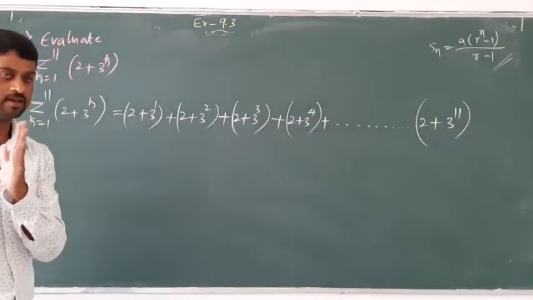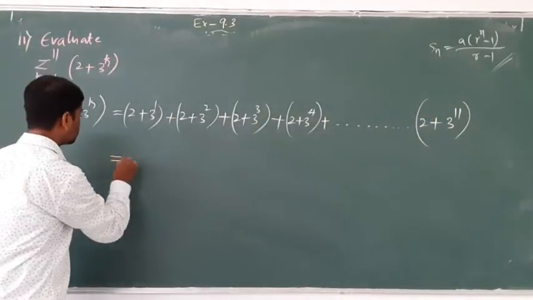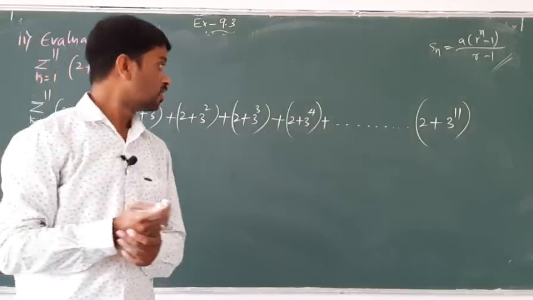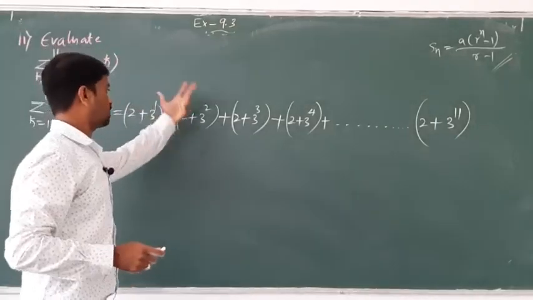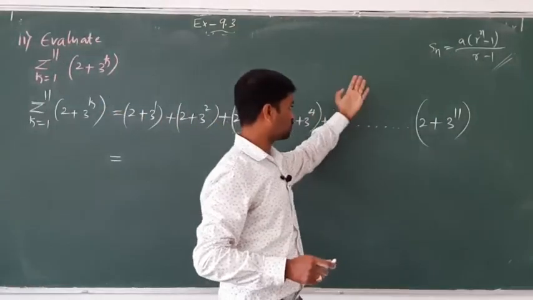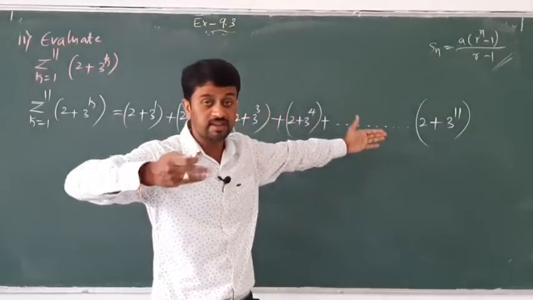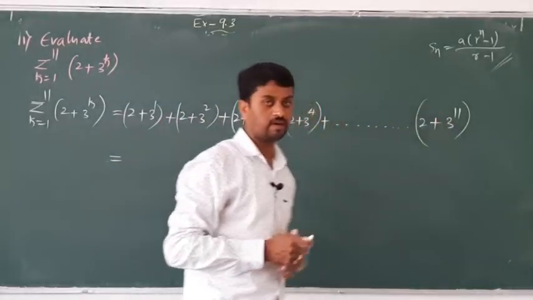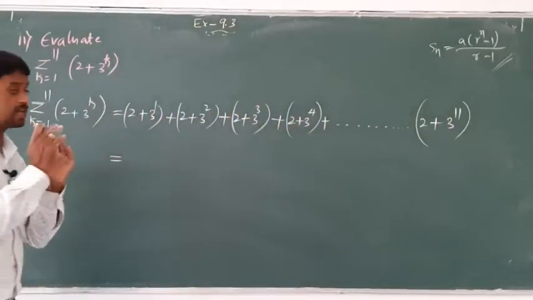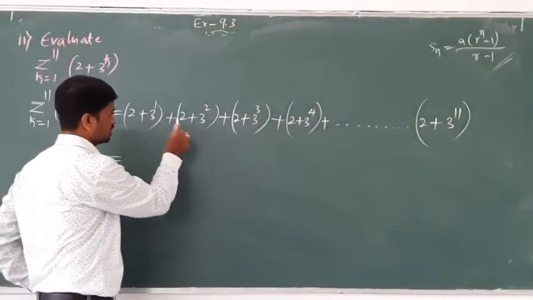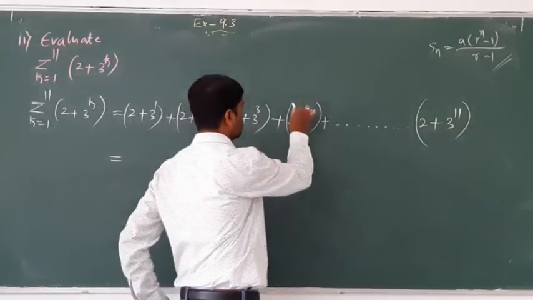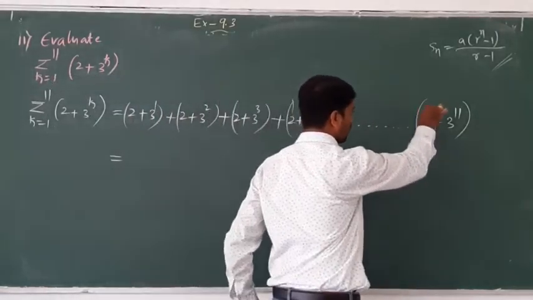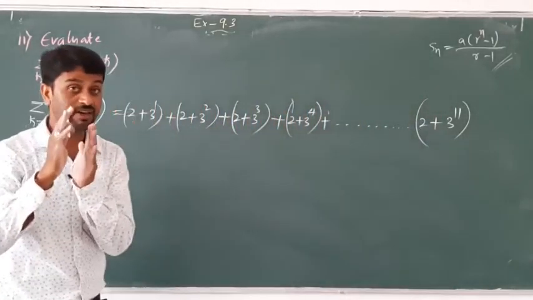Clear? Here, first observe: 2, and 3 power of 1, 3 power of 2, 3 power of 3, 3 power of 4, 3 power of 5, 3 power of 6, and so on up to 11. But how many times is 2 there? First term, second term, third term, up to 2, so how many terms? 11 terms.